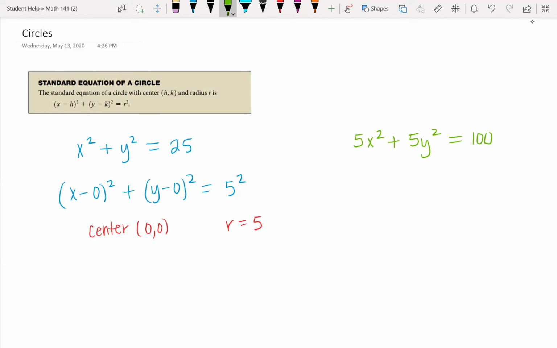If I divided everything by 5, I'd have x squared plus y squared equal to 20. In this case, the center would still be at 0, 0. And the radius would be square root of 20 or 2 square root of 5, right? Because we're taking the square root of what's on the opposite side of the equal sign.